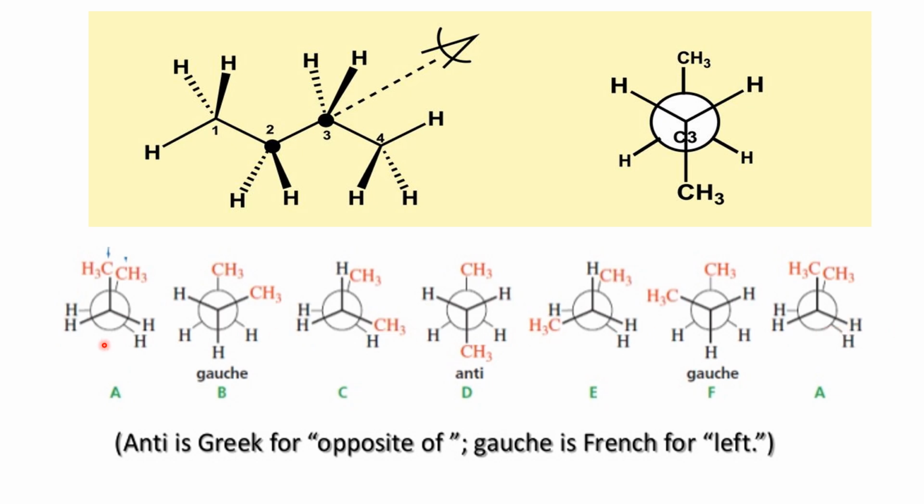Among these conformations, three are typical: the fully eclipsed form, the gauche form, and the anti form. So fully eclipsed, gauche and anti forms are the three extreme conformations of the butane molecule.